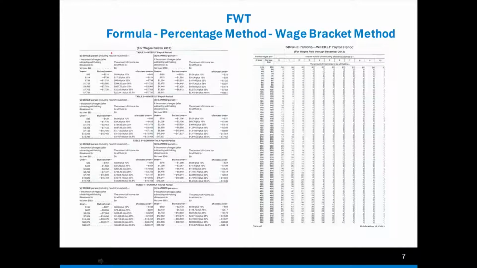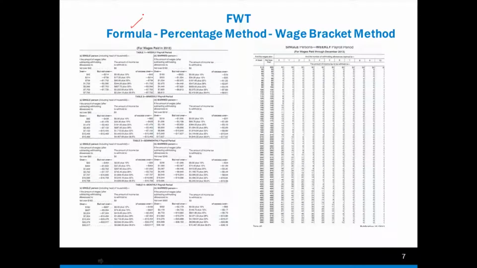When it comes to federal withholding, there are really 3 different ways federal withholding is deducted from your paycheck. The first way is by a formula, which is not in the textbook and is not going to be covered here. Basically, your TurboTax or your payroll accounting software, ADP, whatever, is all programmed with it.